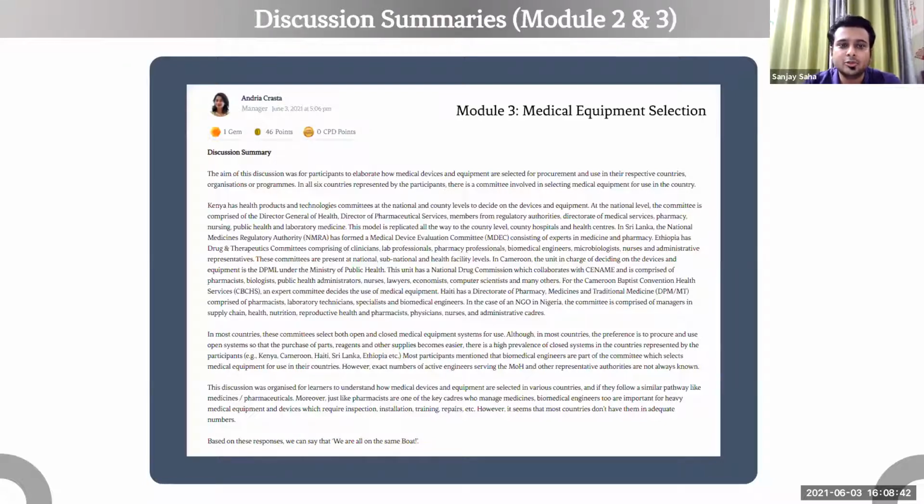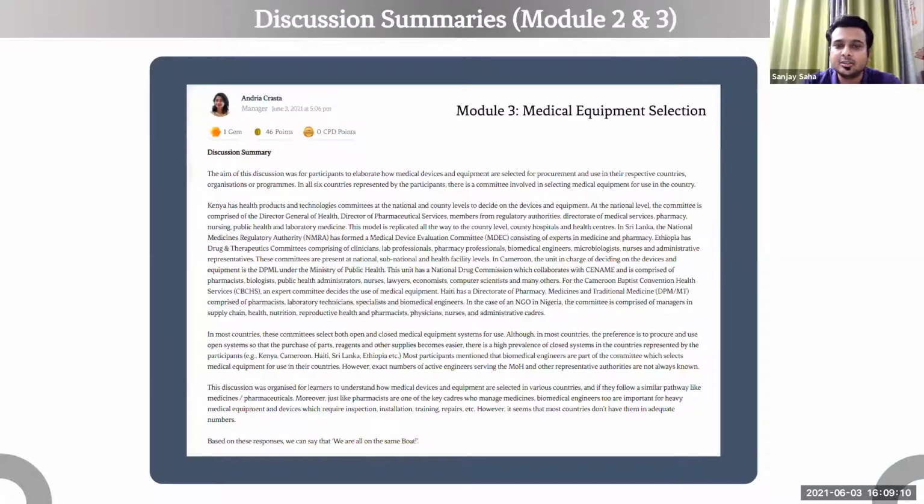One of the key points that we also wanted to get across through this course to everyone who's working in health supply chains, no matter which country you represent, is that when it comes to the public sector, almost all of us are in developing countries in the southern hemisphere.